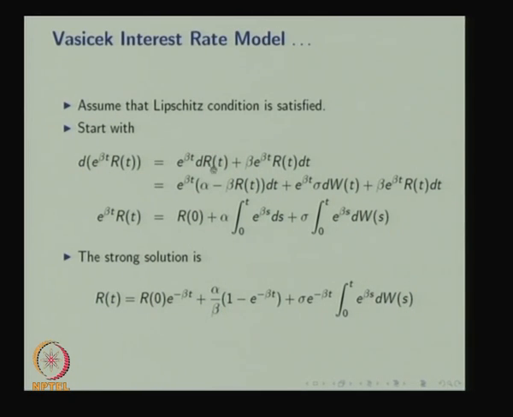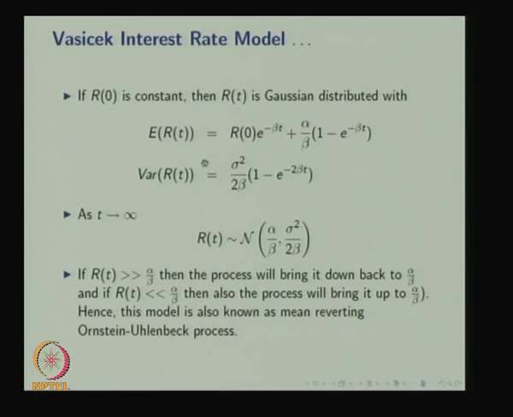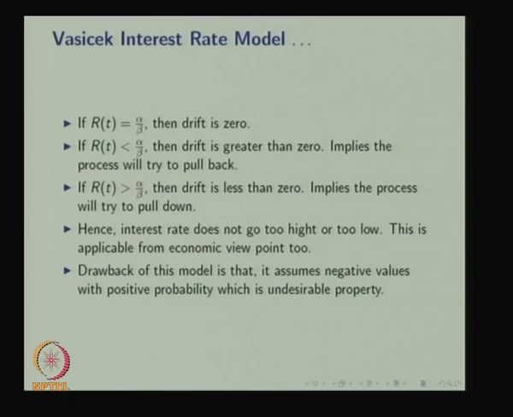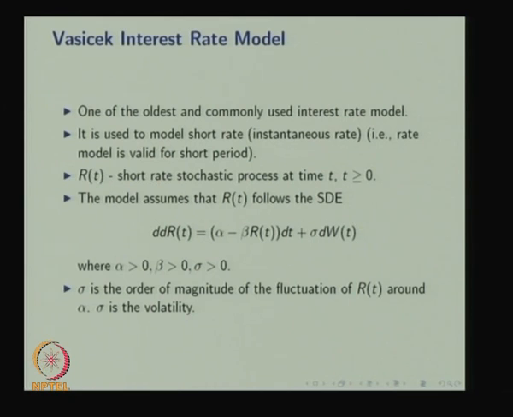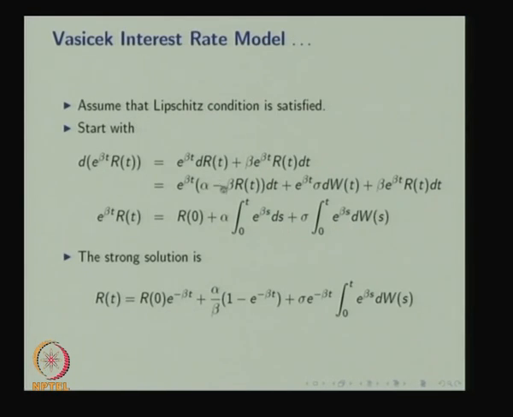Then substitute dR of t from the stochastic differential equation: e power beta t, dR of t is replaced by the given stochastic differential equation, plus beta times e power beta t R of t dt.